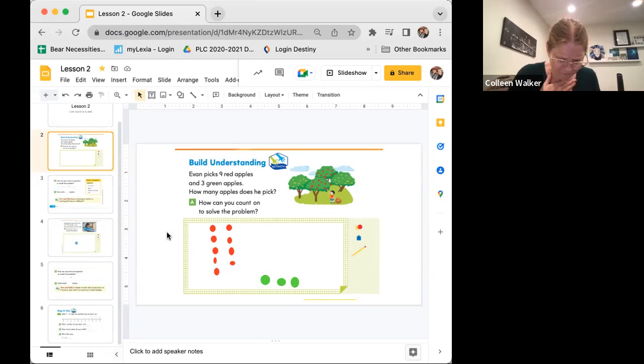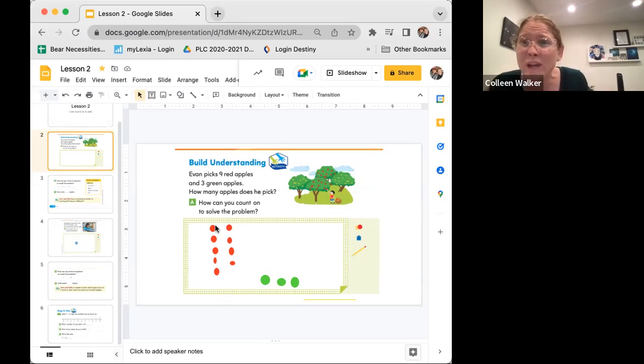So he explained to me that both of them show you ways to find the total number, but counting on is faster because you don't have to start counting at the number 1. So let's see what he means.